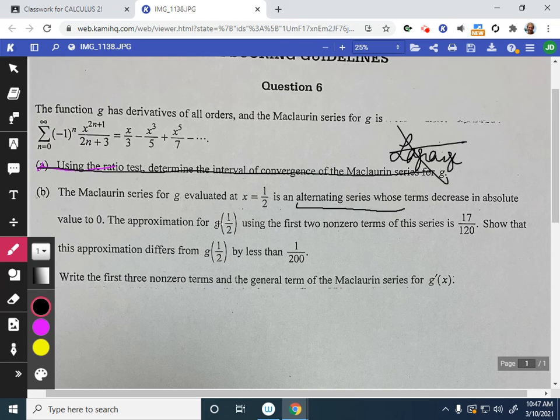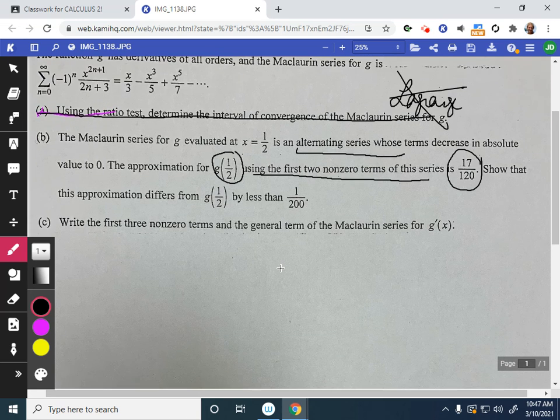Okay, this approximation for g of 1/2, using the first two non-zero terms of the series, is 17 over 120. Show that this approximation differs from g of 1/2 by less than 1 over 200.